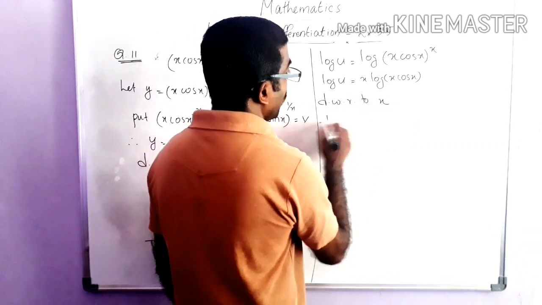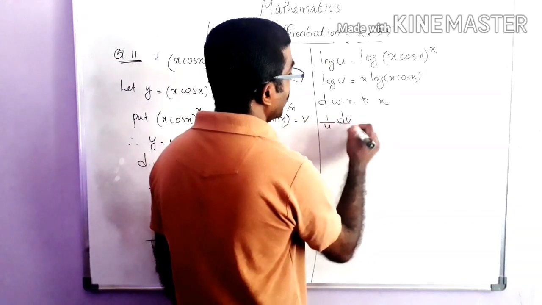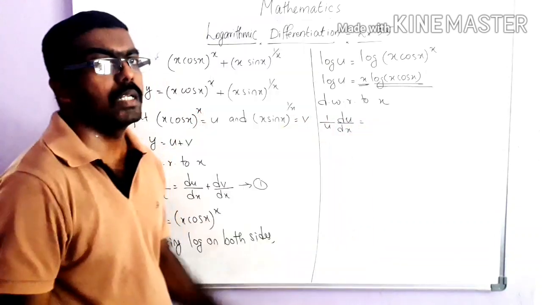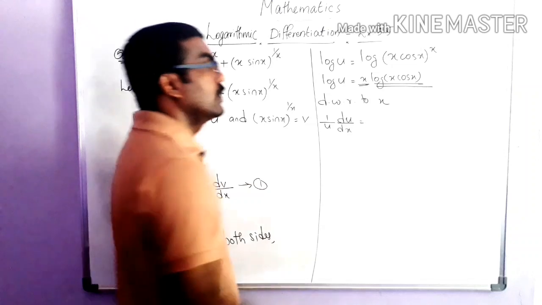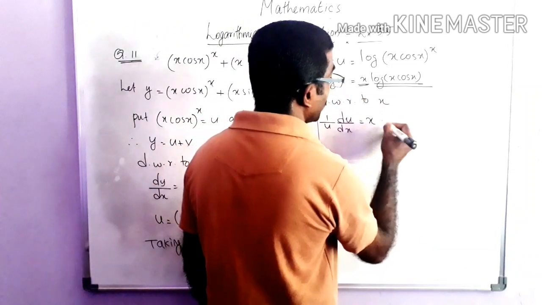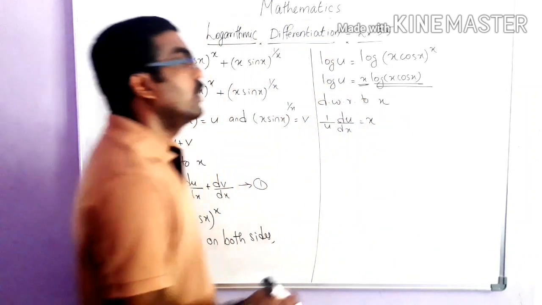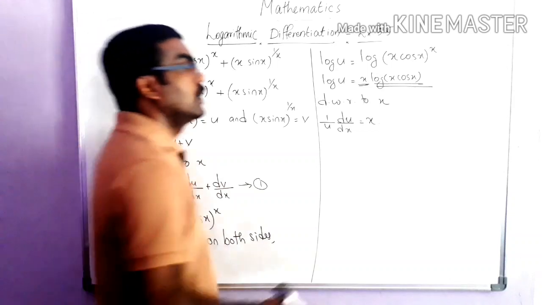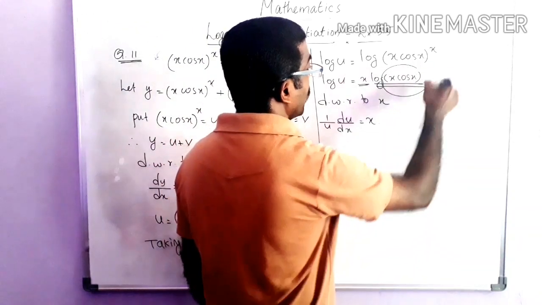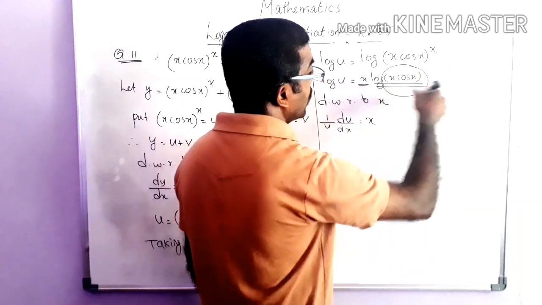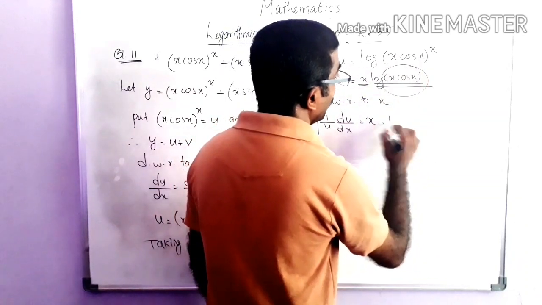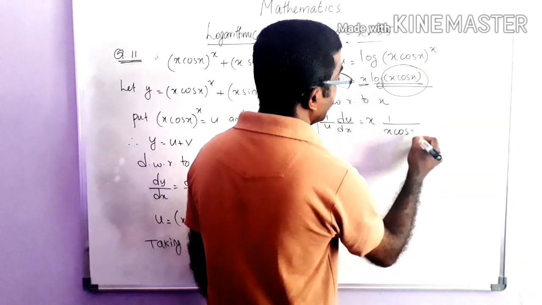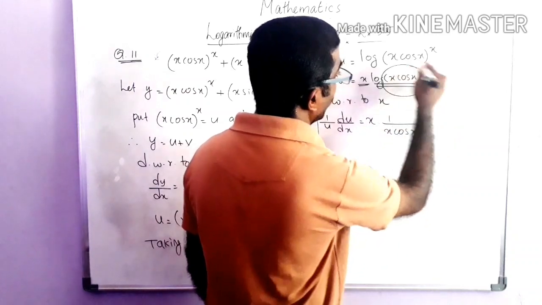So here 1 by u into du by dx is equal to, that is a product of two functions, so we have to apply the product rule. First function x into derivative of log x cos x. Derivative of log x is 1 by x, so you can take the whole term as x, that is 1 by x cos x into derivative of this one.